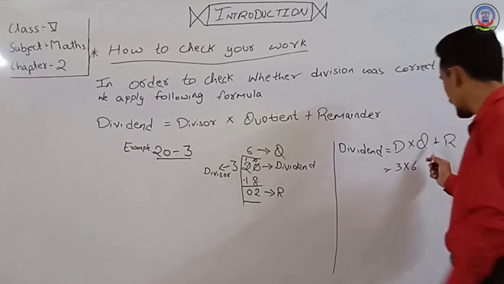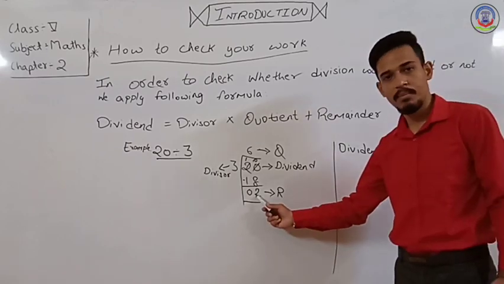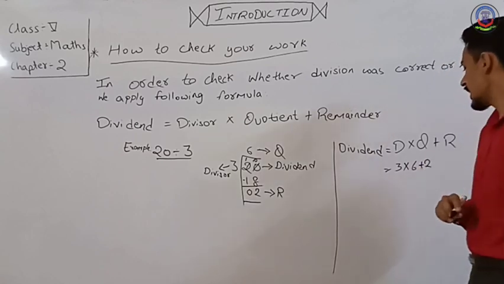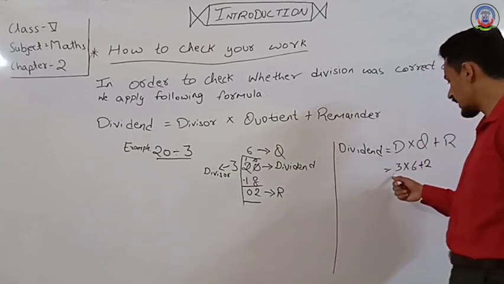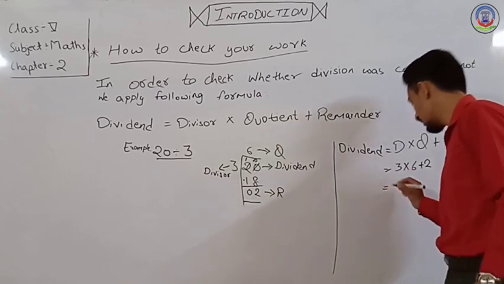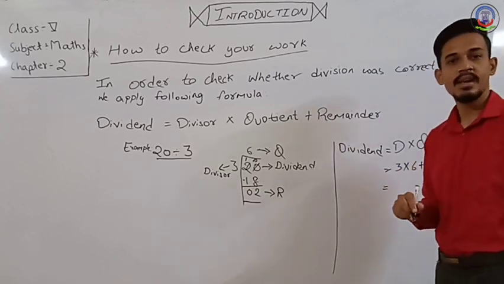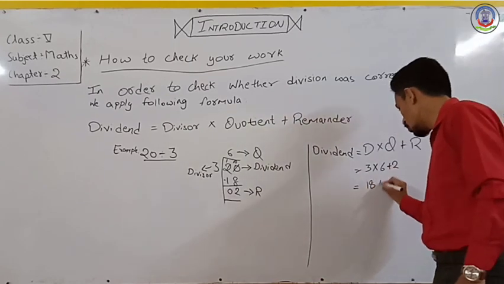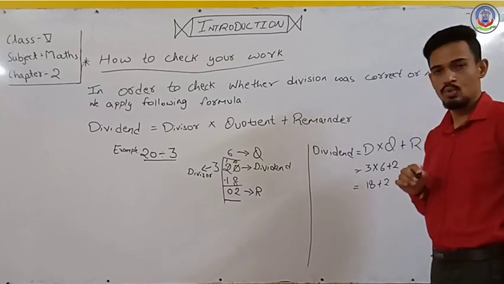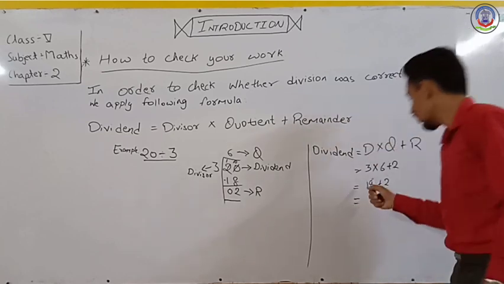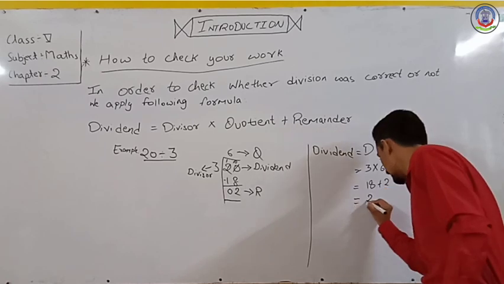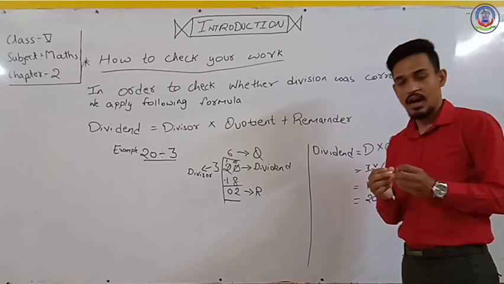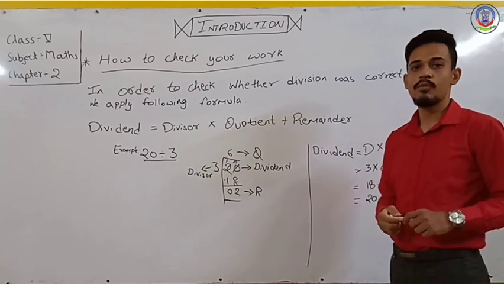In the last we have plus remainder, this is remainder, plus 2. Now as we know, we have to multiply first, so 3 multiply 6 is 18. And when we add 2, 18 plus 2 is 20, and it is our dividend. So that's how we can check the answer of division.